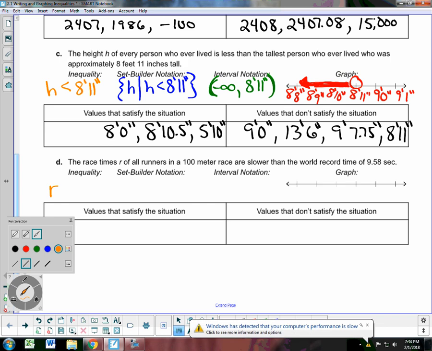The more impressive times are the smaller numbers in a race. So when we say slower times, they're actually getting bigger. The numbers are, at least. So this would be R is greater than 9.58. And then in set builder notation, curly bracket, R is our variable such that R is greater than 9.58.